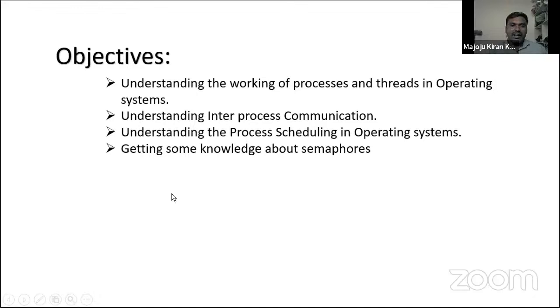We know that when we use a computer, it runs some software, which is called a program.